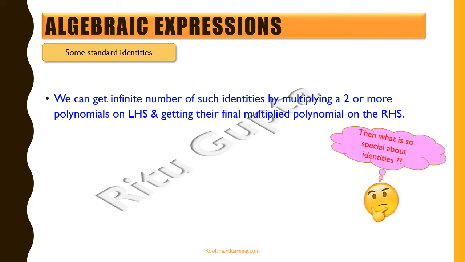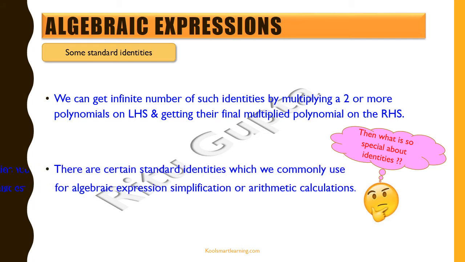Now the important thing is, if we can get an infinite number of such identities, what is the need to talk about them? What is so special about them? Yes, there are certain standard identities which we commonly use for algebraic expression simplification and arithmetic calculations.